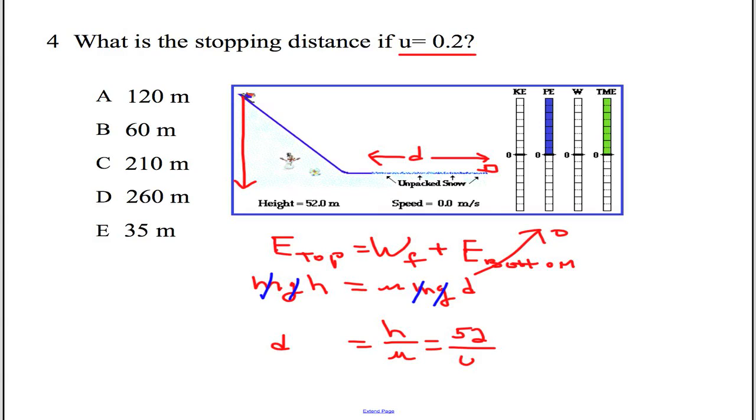Mu was 0.2. Which is equal to 260 meters. So the correct answer is here.